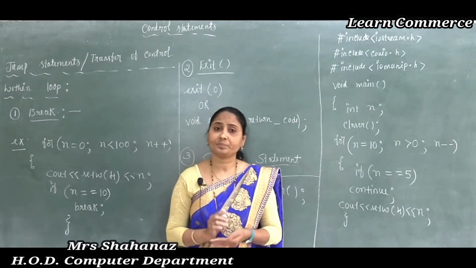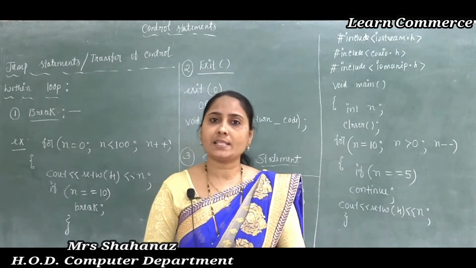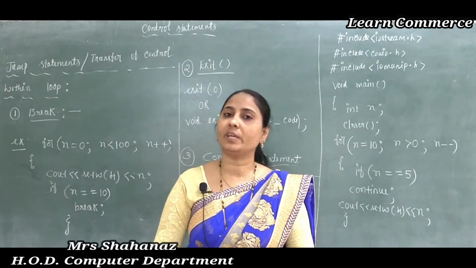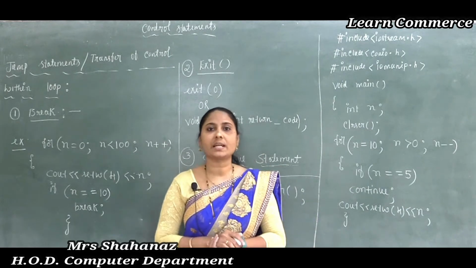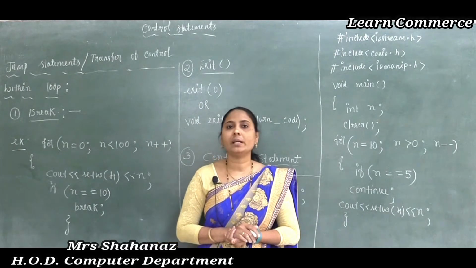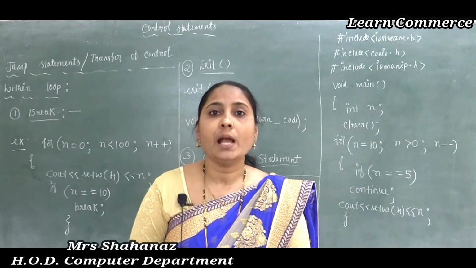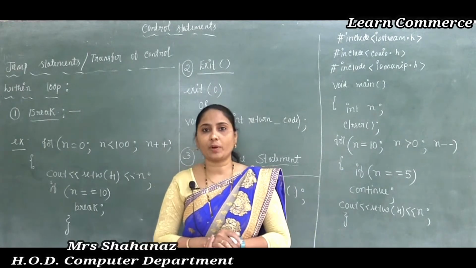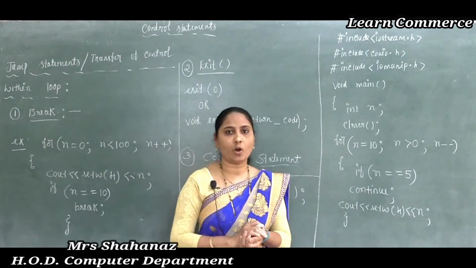We can execute these statements till the condition becomes satisfied, and if the condition becomes false, the control comes out of the structure. That means the control exits from the loop. So this is the meaning of the loop.